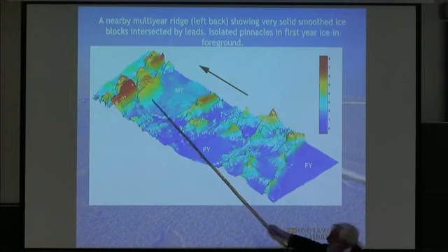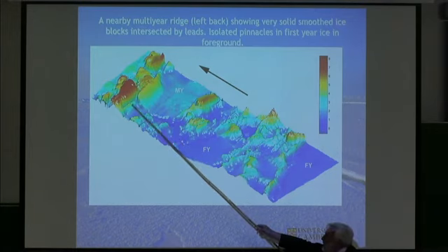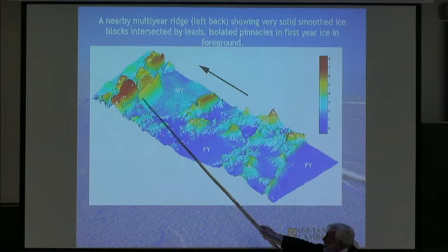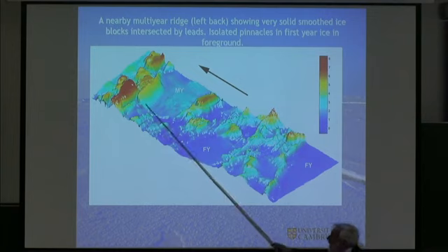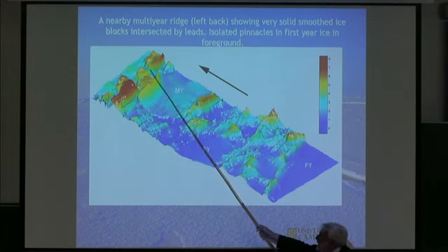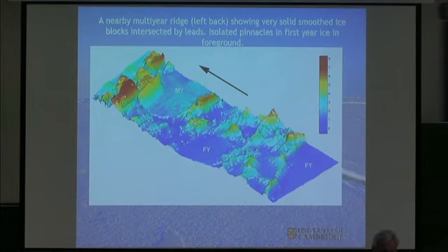This is a multi-year ridge, and you can see you now have large blocks smoothed out by erosion, and cut in different places by intervening leads which have opened up during the years of life of that ridge. And these are younger ridges.